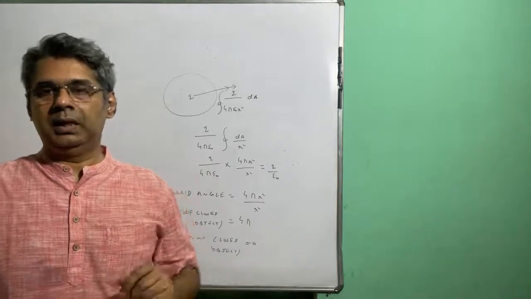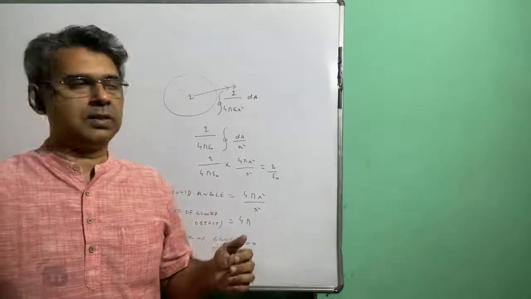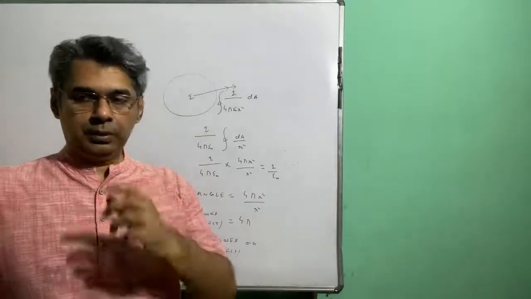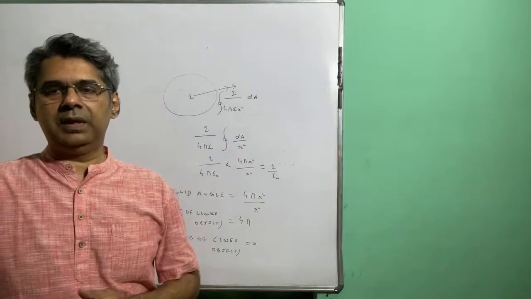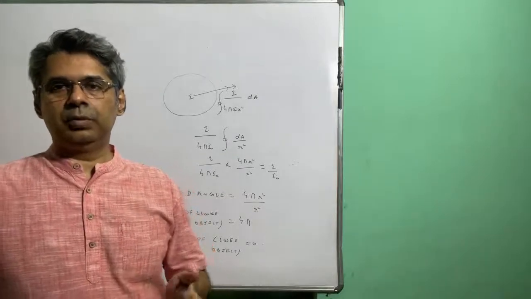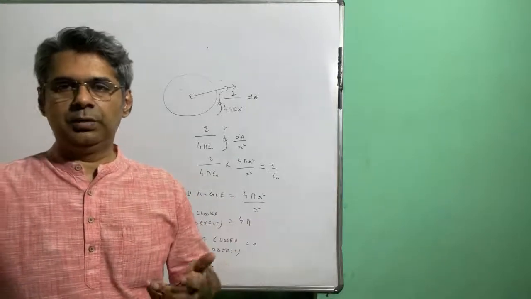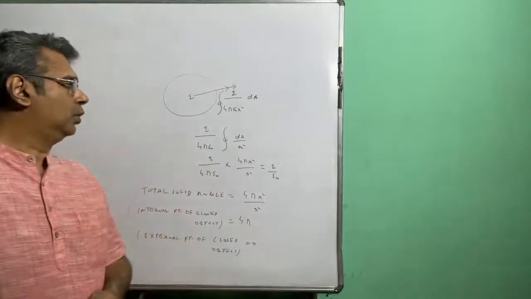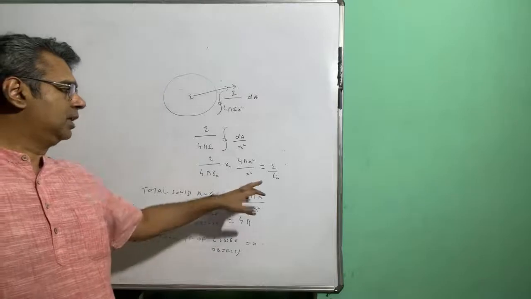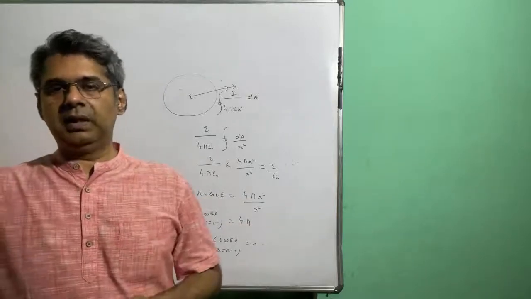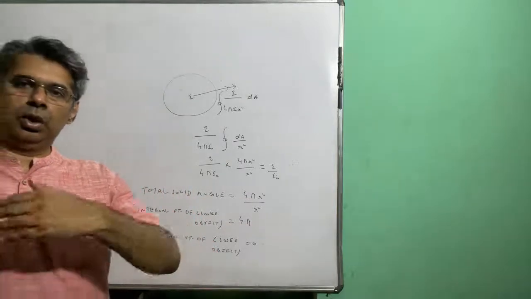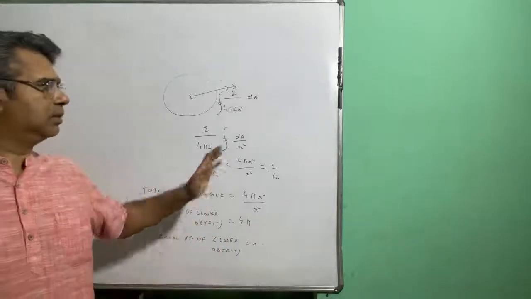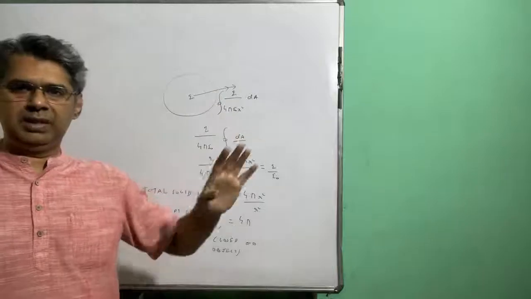Number two, remember you are calculating the flux due to the electric field in this entire region. The electric field in this entire region could be due to any kind of charge. It could be due to the charge which is inside, it could be due to the charge which is outside. So when you say this is the flux of the electric field, that is due to all kinds of charges present anywhere, inside, outside, anywhere.